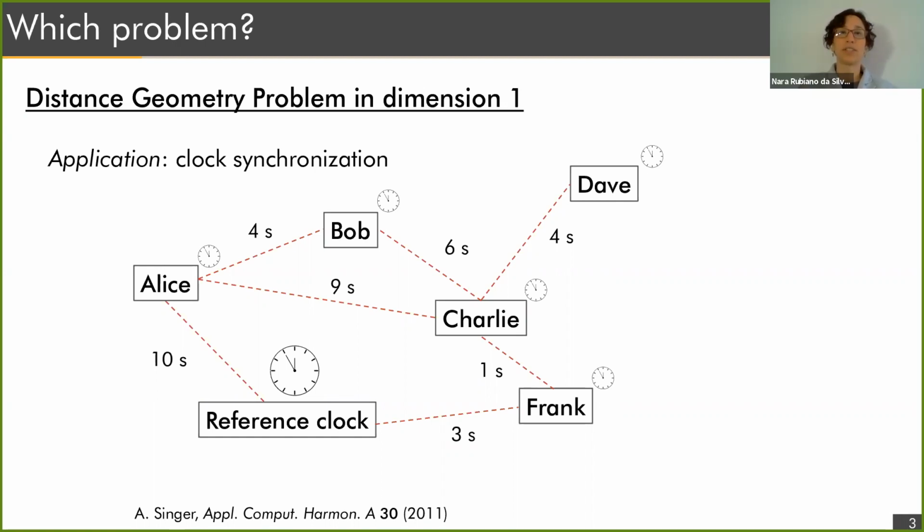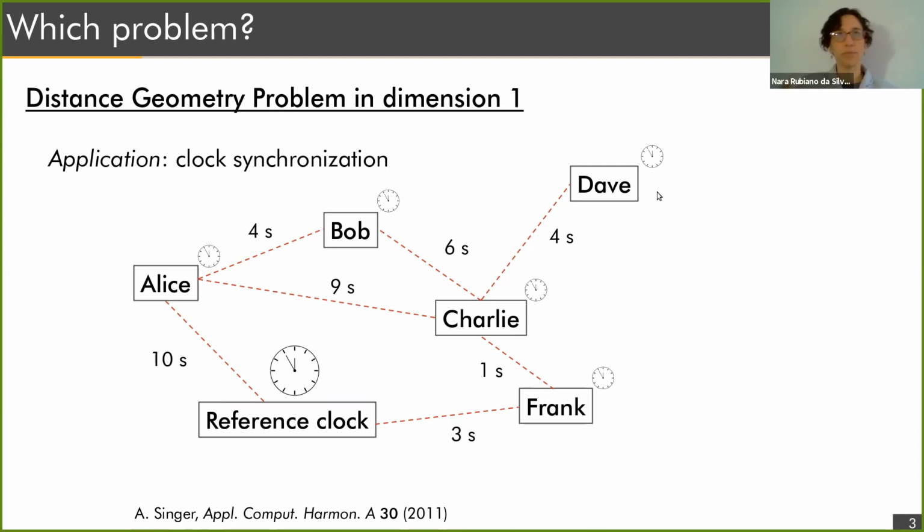For instance, if this dimension is time, one can solve DGP problems to synchronize clocks in, for instance, a diffuse network of clocks where you have only a few delay measurements, for example between pairs of clocks. Not all of them are available.